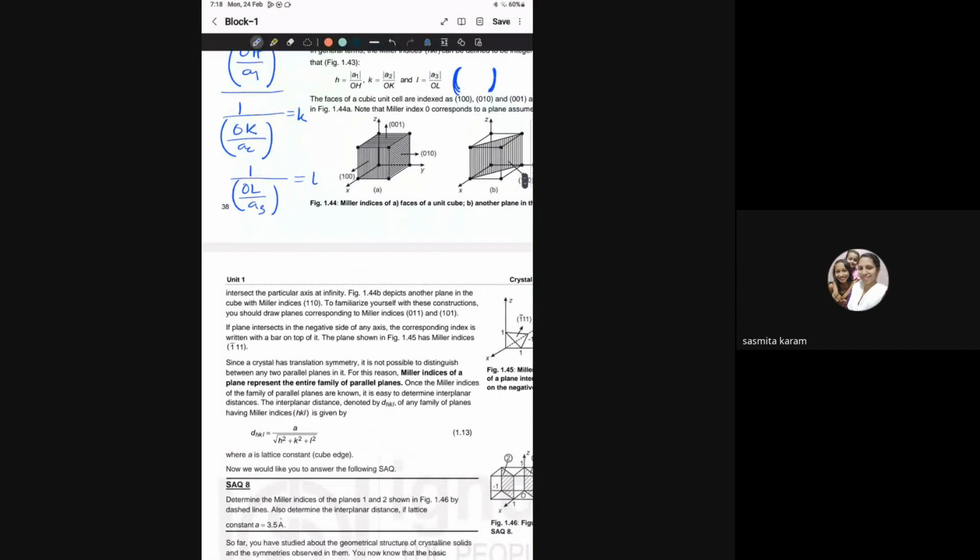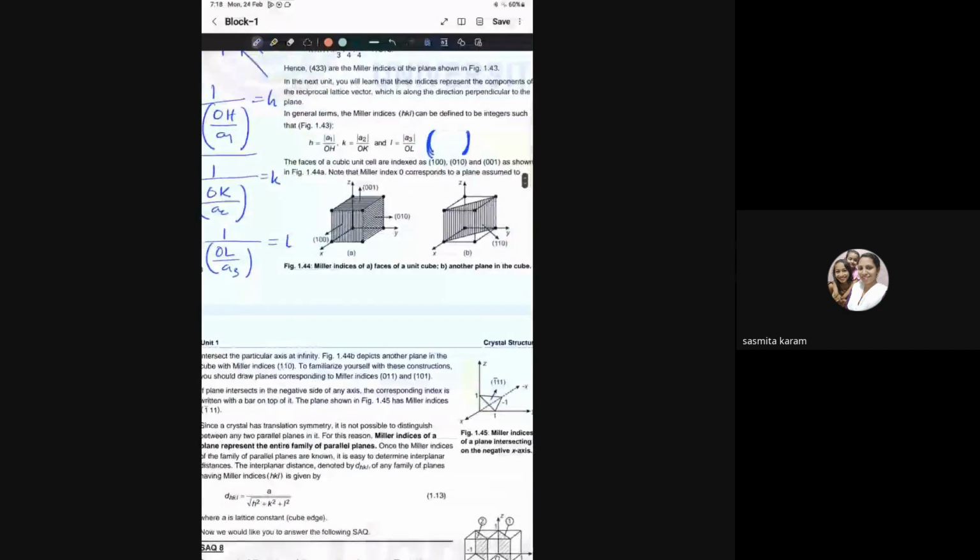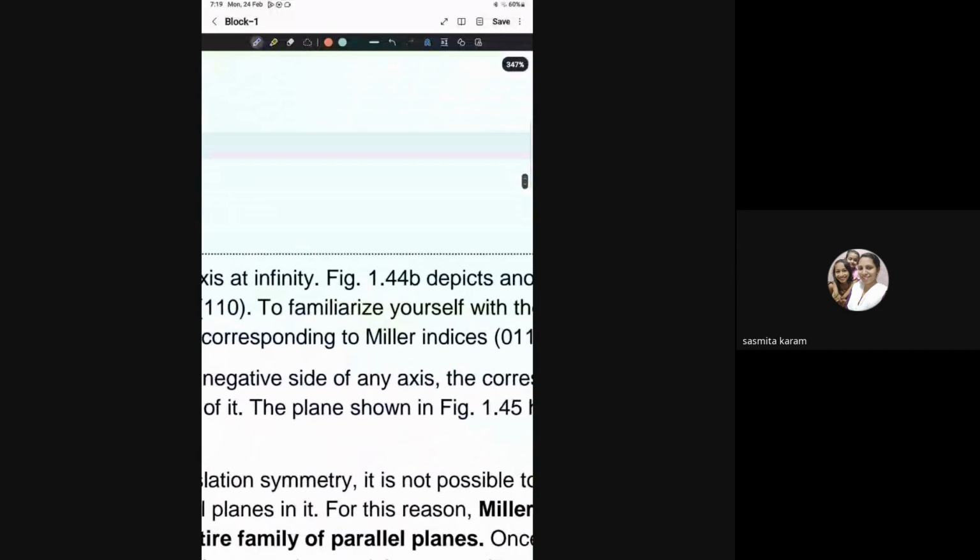And the distance between planes, as I mentioned, let me draw it again. Suppose I have one point here, another here. So one plane over here, another plane here, another plane here. What will be the distance between these two, the interplanar distance?